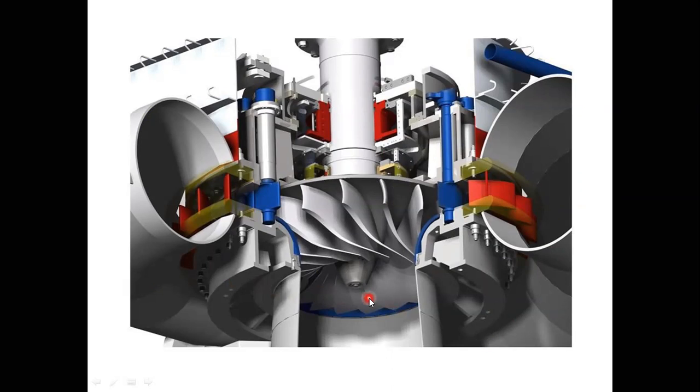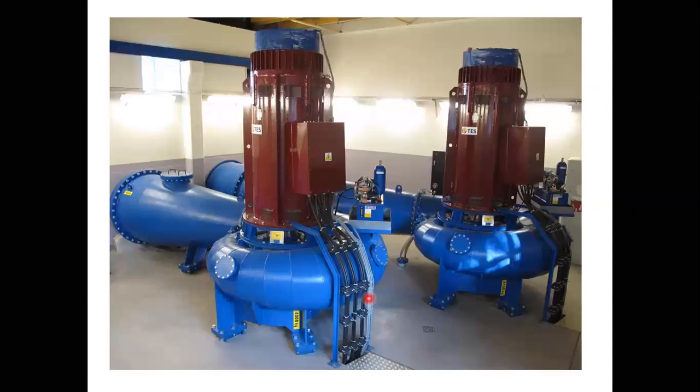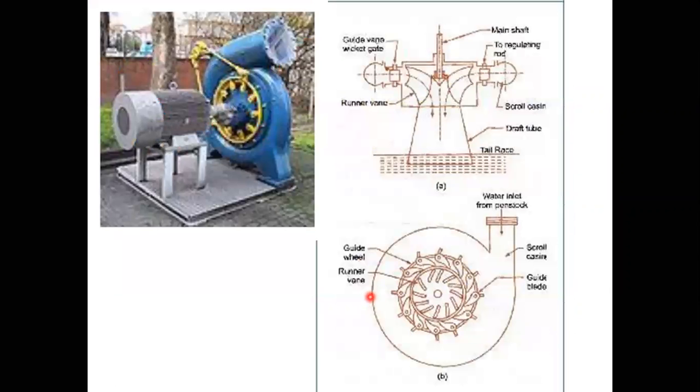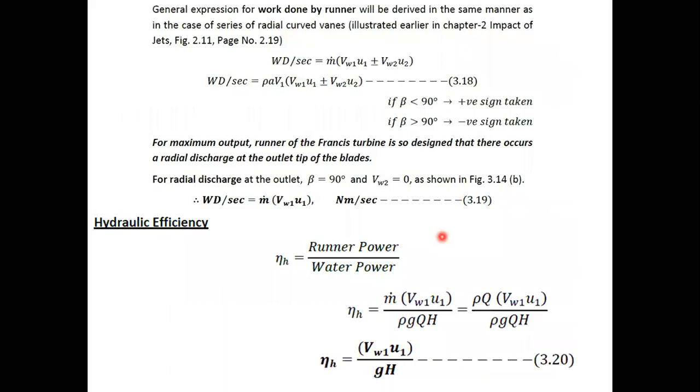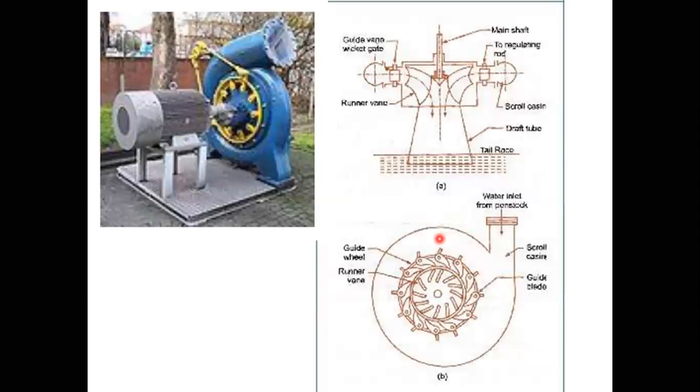So see, penstock is of large diameter. Before discussing all these components of this Francis turbine, see here, this is the guide vanes, means here the area increases, means this works as a nozzle, means your pressure energy converts into kinetic energy here.